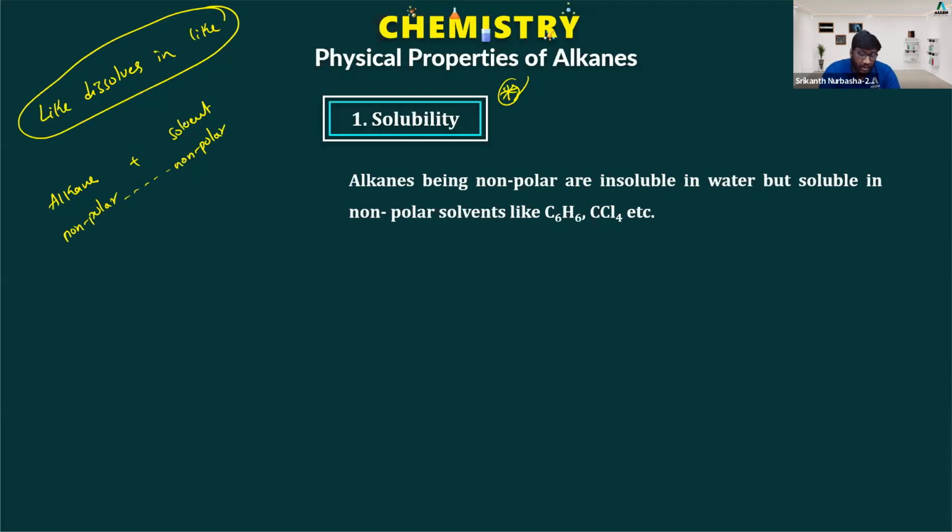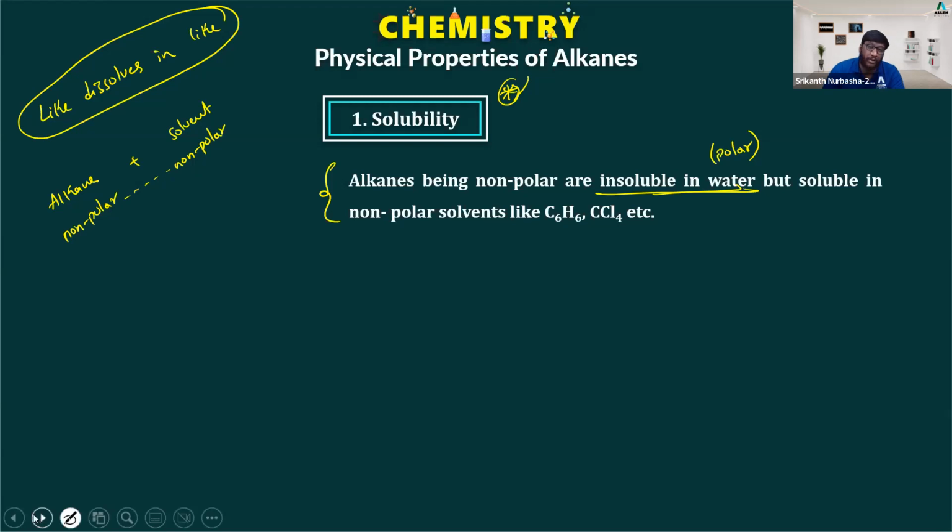That can happen. But if you take a polar solvent, the polar solvent molecules have electrostatic force of attraction within themselves, so the alkane cannot develop new interactions greatly. So alkanes, being non-polar, are insoluble in water because water is polar in nature, but soluble in non-polar solvents like benzene and CCl4.